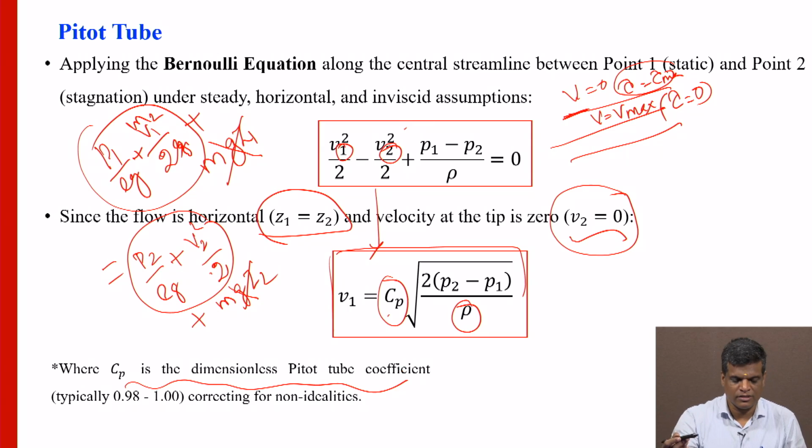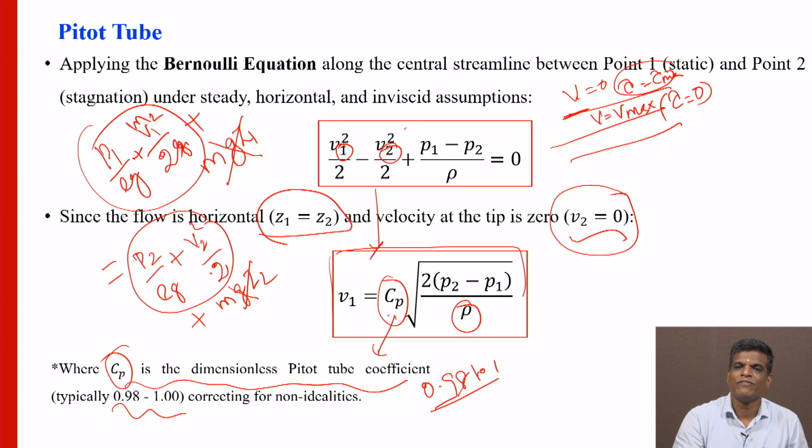These are all dimensionless coefficients. So, what is the value? The value normally stands at 0.98 to 1. They can fix it based on what type of tube they are using. So, normally the Cp values start from 0.98 to 1.